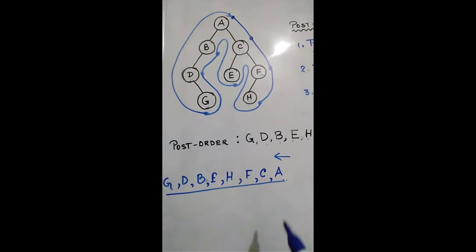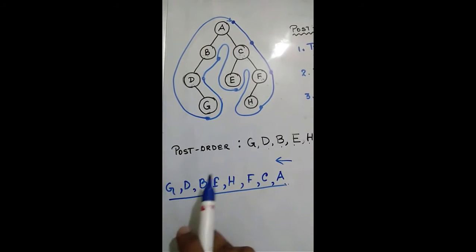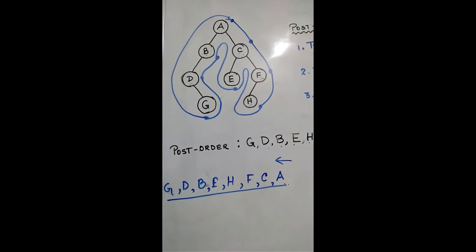In this way, this is the shortcut way we can find the post-order of the given binary tree.